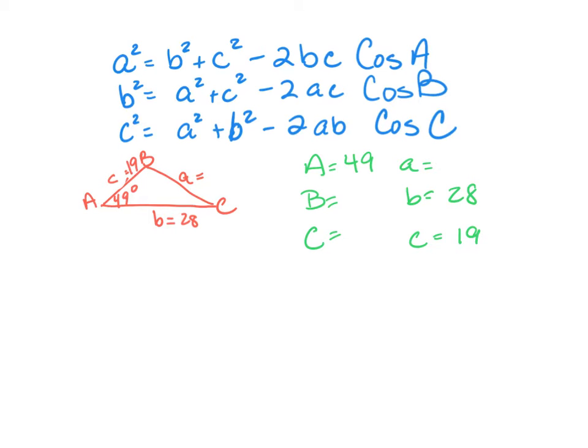Since I was given big A, I have to use the formula with an A in it. Everybody understand that? Because that's the one I was given. So I have to write this: A squared, I don't have A, equals B squared, 28 squared, plus C squared, 19 squared, minus 2 times 28 times 19 times cosine of 49.